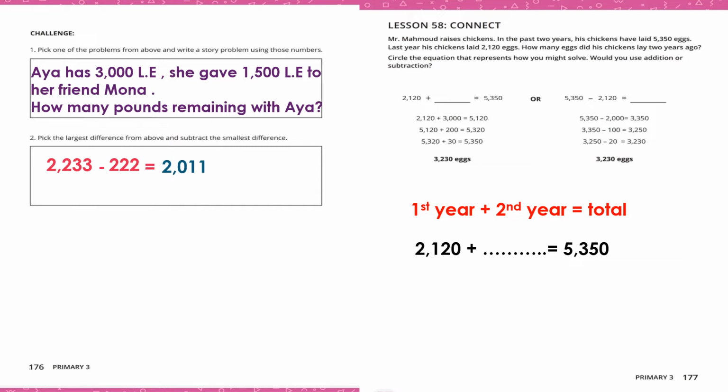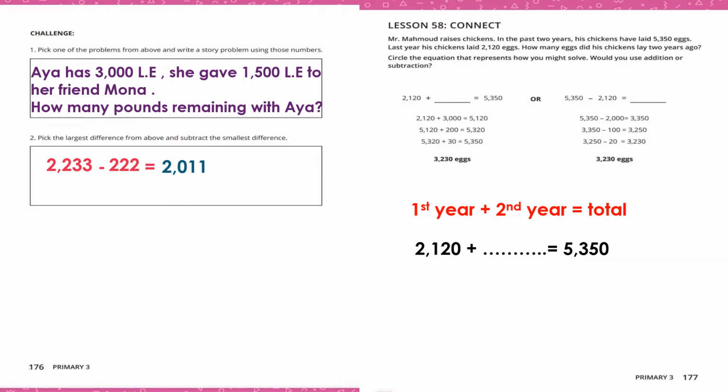We have two ways. Circle the equation that represents how you might solve. Would you choose addition or subtraction? Here, Mr. Mahmoud raises chickens. In the first year, the chickens laid 2,120.